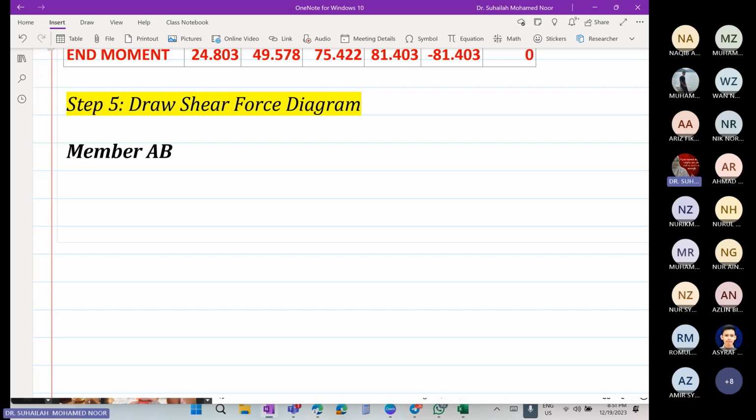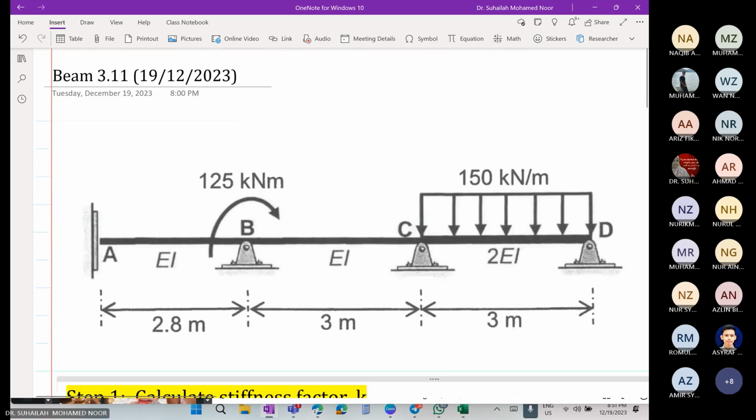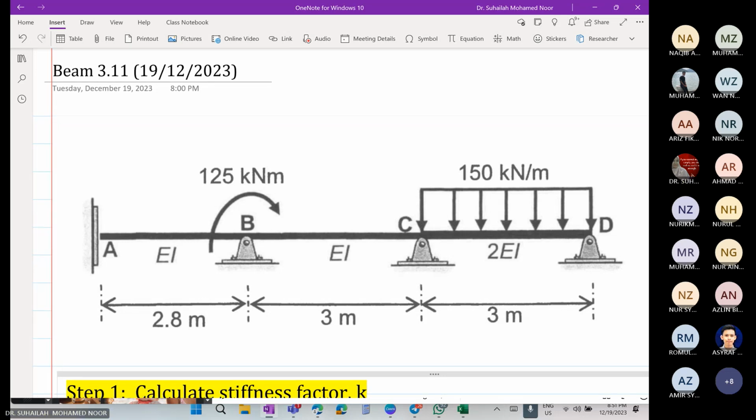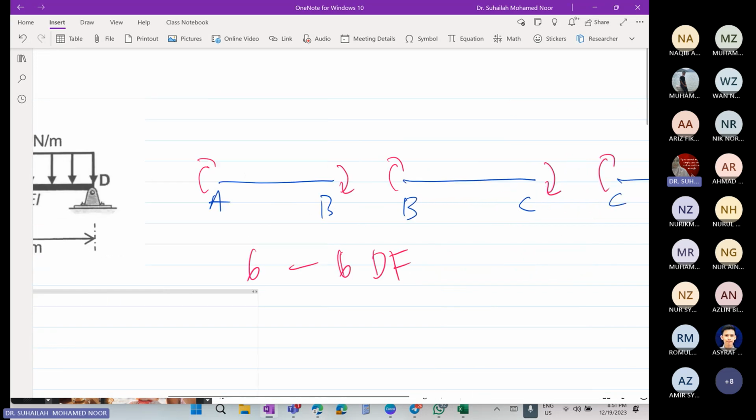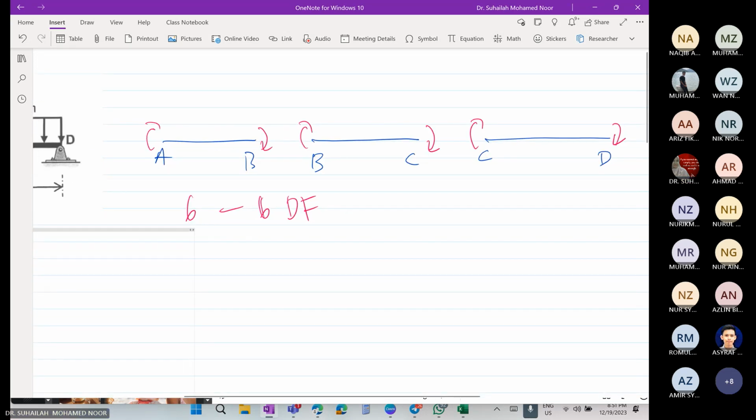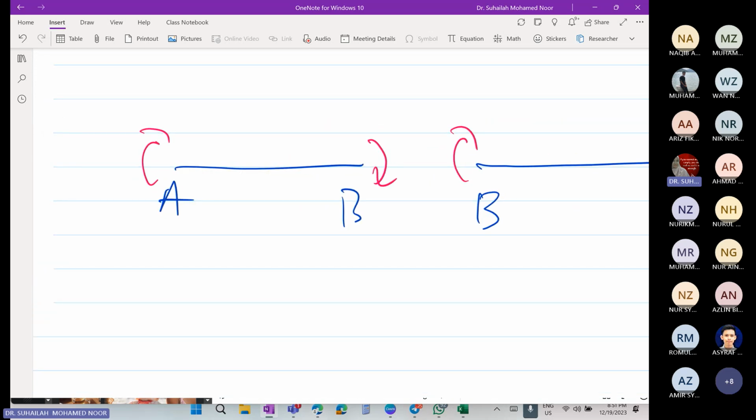So this is the beam. When we resolve this into members, it is not only member. It is a combination of member and joint. And for this member, the free body diagram shows the member and moment.